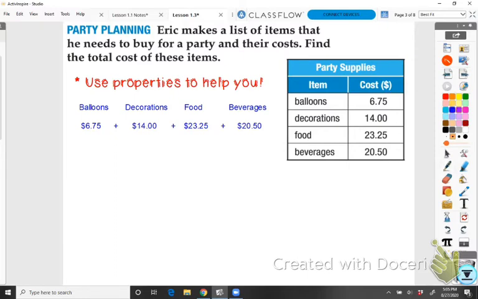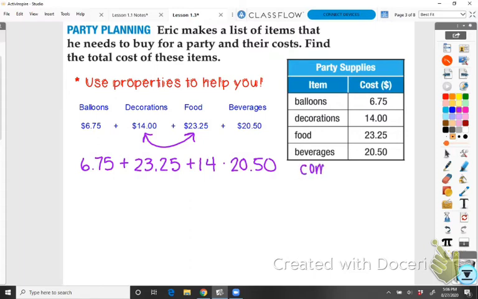So if you didn't have a calculator, I'm going to first switch the decorations and the food, and I'll tell you why in a second. The reason I did that, so I swapped those two, so I used the commutative property there, is because I wanted to group the first two together and the last two together.